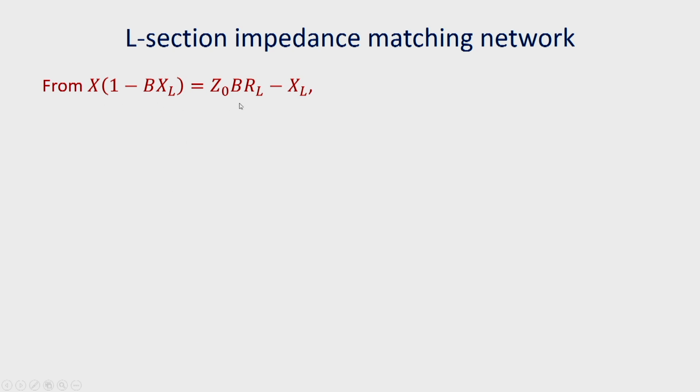So, from this equation we can write X in terms of B, XL, Z naught and RL. So, X can be written as Z naught B RL minus XL divided by 1 minus B XL.